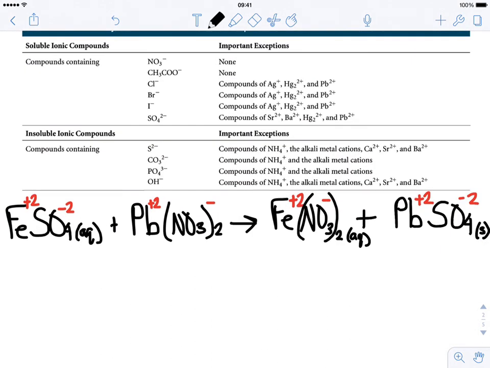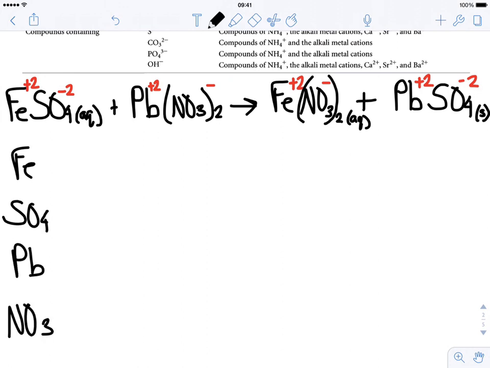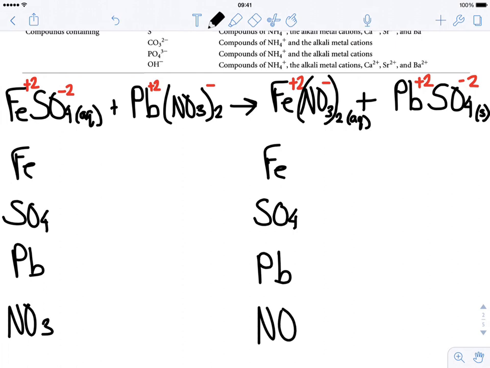Okay, so that's step 3. That is identifying each of our compounds as soluble or insoluble. Now the last step is to balance, keeping our polyatomic ions together. SO4, Pb, NO3, Fe, SO4, Pb, NO3.